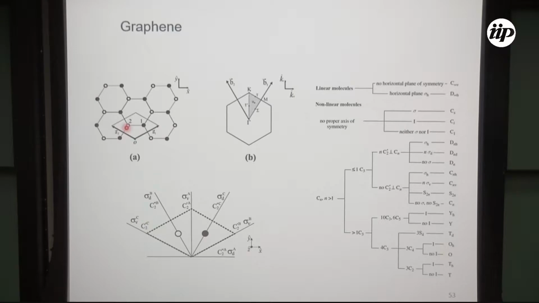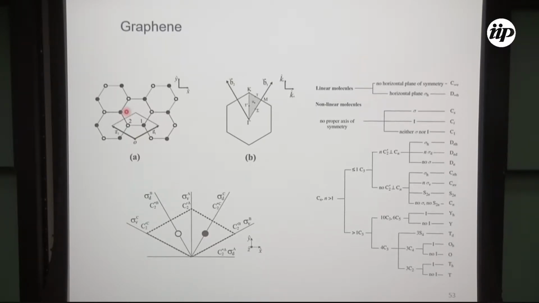So here's the thing. What you want is to build these atomic site matrices, and it's just a matter of seeing if you exchange atoms 1 and 2 or not. For example, if I do a C6 rotation, the black atom comes to the white, and white comes to the black. So I exchange 1 and 2. So this matrix will be 0, 1, 1, 0.